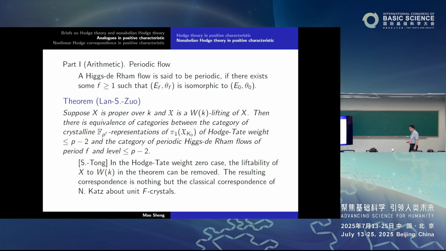In the Katz theorem, it is basically local; you need to assume the existence of a Frobenius lifting. But here we may simply remove it, and we also remove the liftability of X to W.